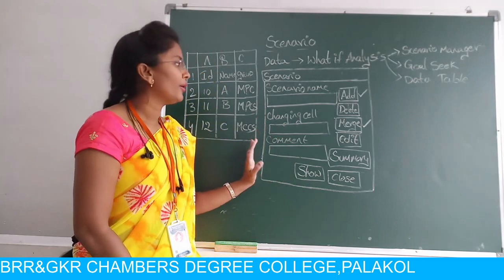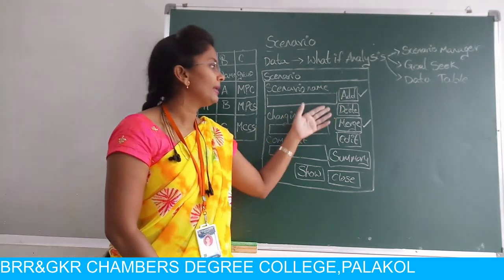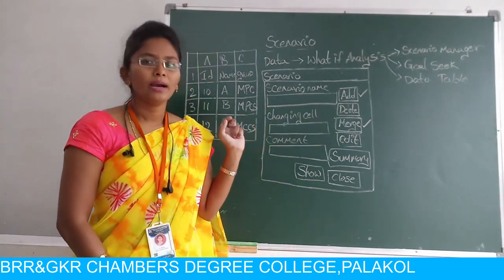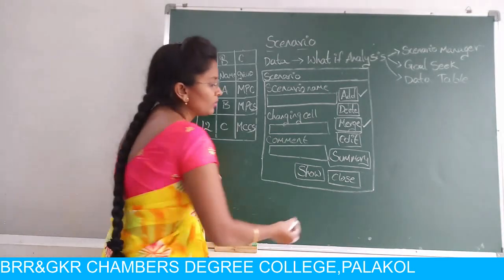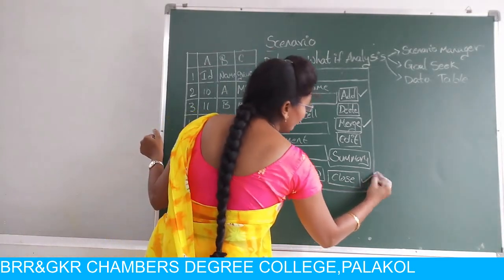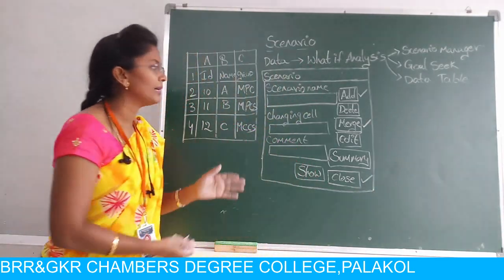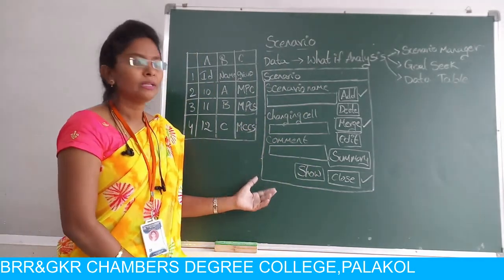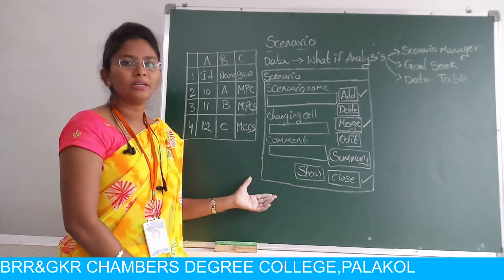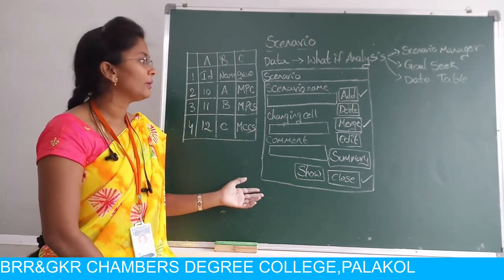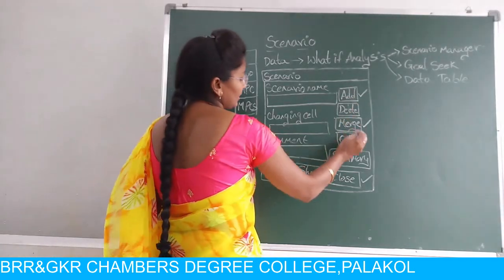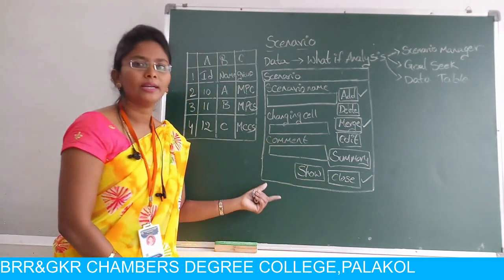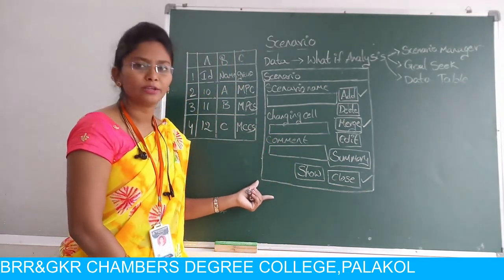That means they are hidden, and add and merge are highlighted, and then the close button is also highlighted. Why is it highlighted? I didn't create any scenario up to here. This is the first scenario I am creating. That's why the add button, merge button and close button are highlighted, and the remaining are deactivated.